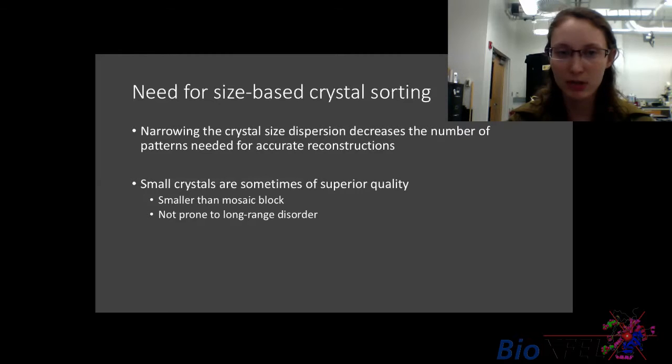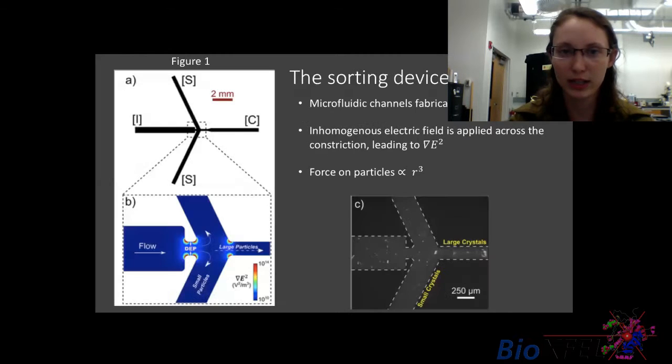So what this paper talks about is a device, a microfluidic sorting device that's fabricated from PDMS. The way it works is that you have your crystal solution, your unfiltered solution, comes in from the left side of the device into a sort of constricted area across which you apply an inhomogeneous electric field.